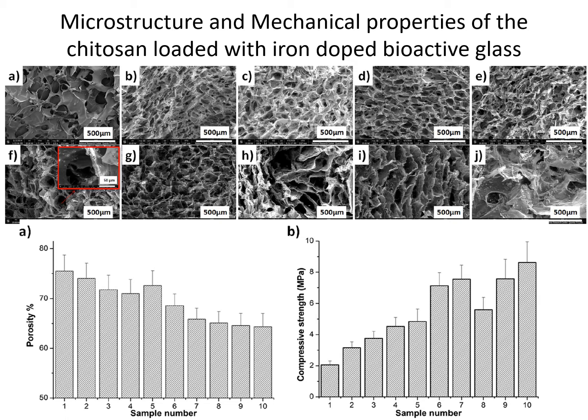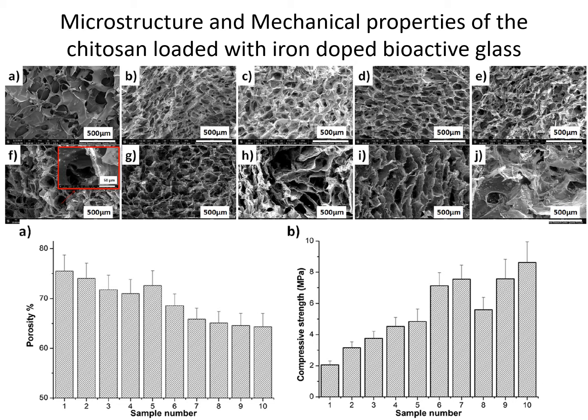With introducing bioactive glass alone without doping, we can see that the scaffold is taking a definite orientation, and also we can see that the porosity is decreasing with increasing the quantity of this bioactive glass, as can also be compared with the porosity measured by the Archimedes method.